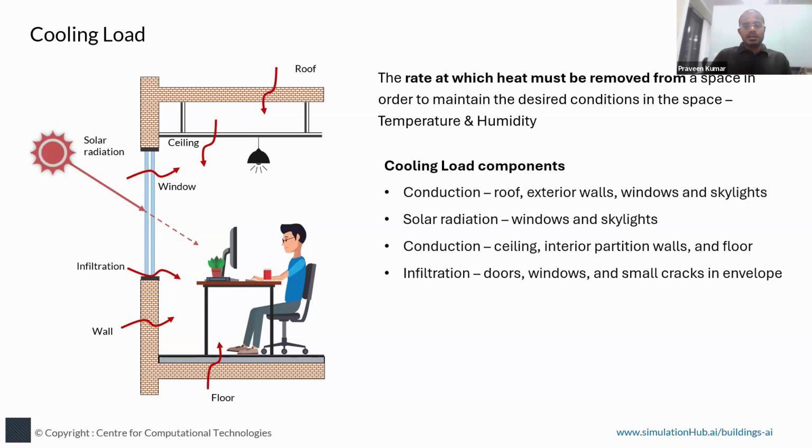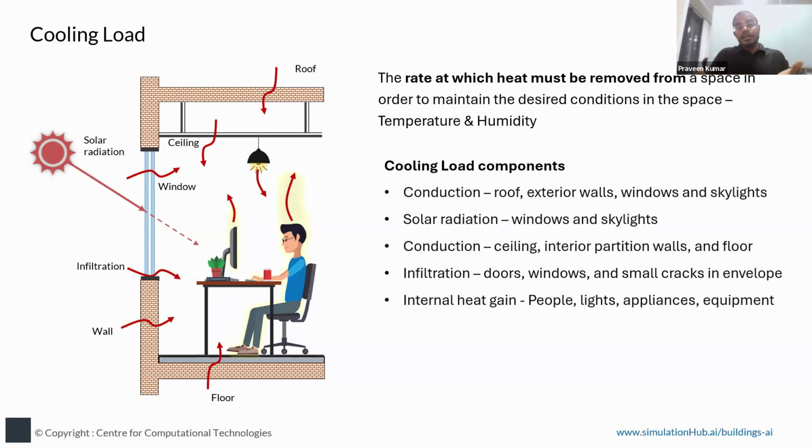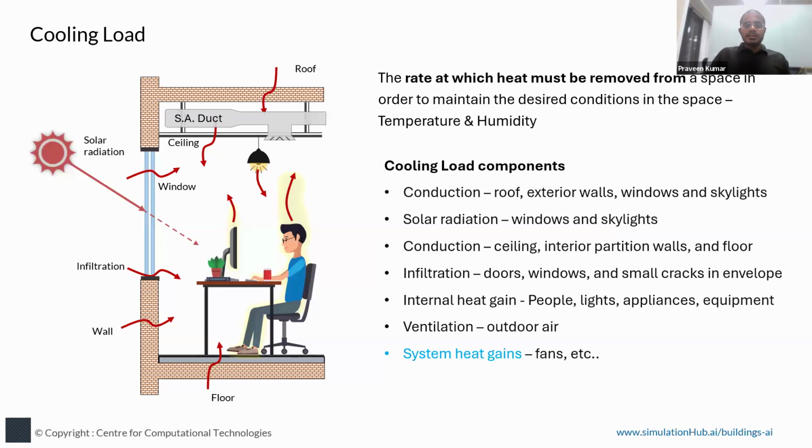Then infiltration air entering the space through leaks or gaps in the windows, doors, and small cracks in the envelope. Internal heat gain includes people, lights, appliances, equipment, etc. Then there is ventilation, the outdoor air that we deliberately bring into the space to maintain indoor air quality. That also adds to the coil load, along with system heat gain through fans and duct leakages.